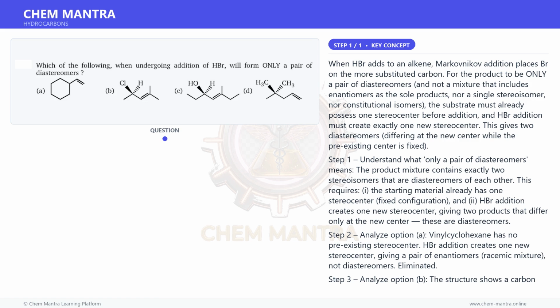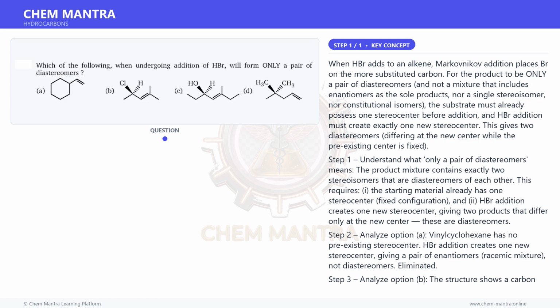The double bond is trisubstituted with two methyls. HBr addition, Markovnikov, places Br on the more substituted carbon of the double bond, creating a new stereocenter. With one fixed stereocenter and one new stereocenter, the products are a pair of diastereomers. However, the carbon receiving Br may be a tertiary carbon that becomes quaternary.